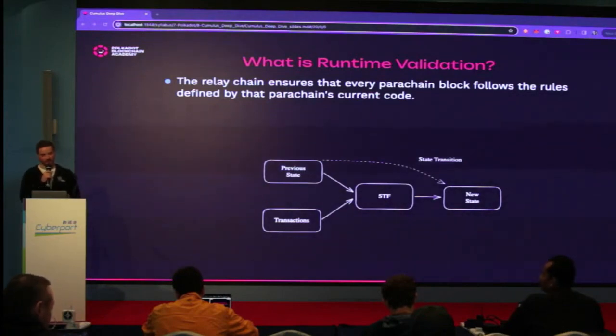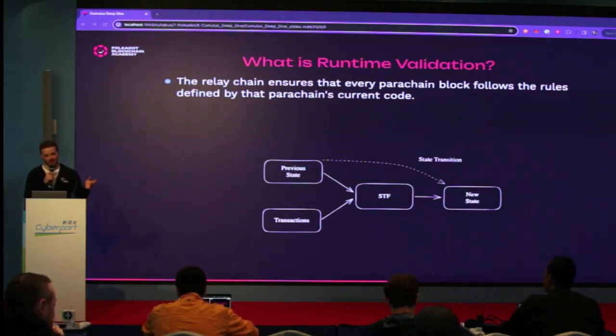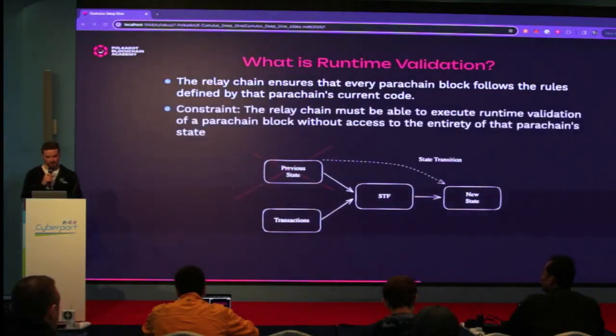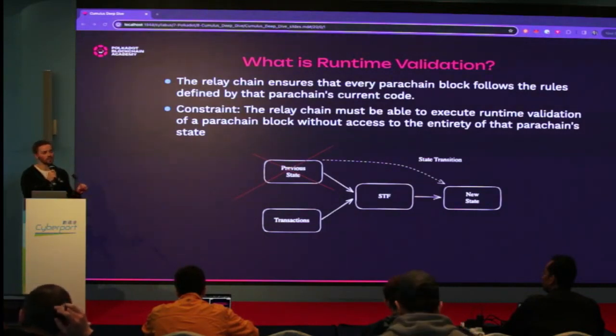Yeah, so validators are trying to ensure that this state transition has been executed faithfully by collators and by other validators, but we have a problem. On the relay chain, we need to be able to execute runtime validation of a parachain block without access to the entirety of that parachain state.